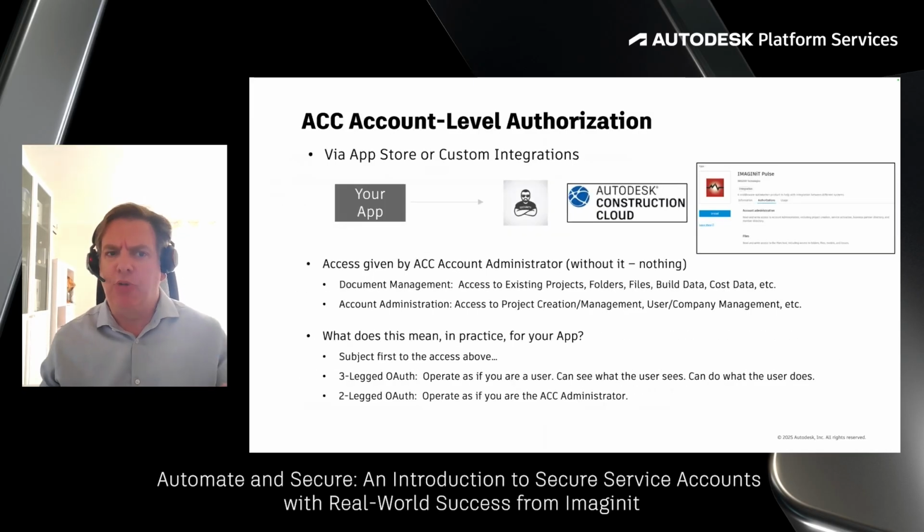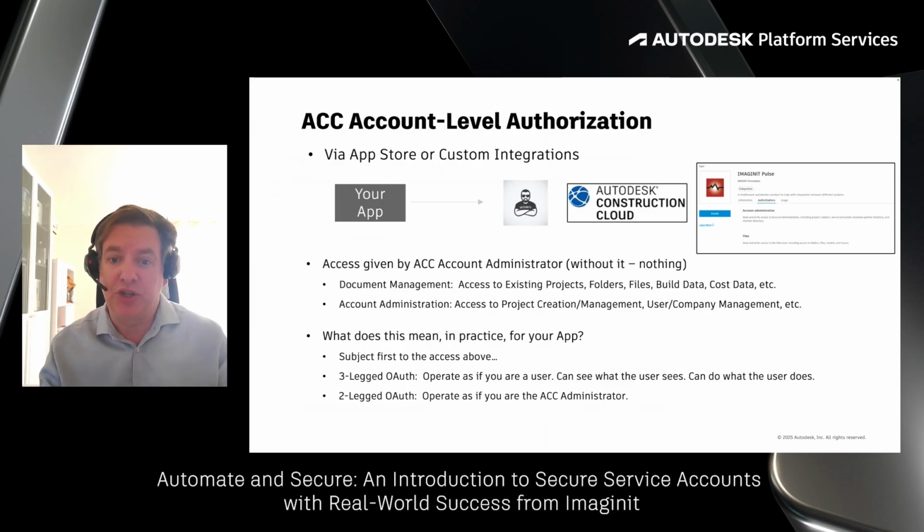Now, for account-level authorization, before you can do anything in the Autodesk Construction Cloud or BIM 360 world, you really can do nothing until your app is approved by the ACC account admin for any account that you want to work with. And the account admin basically has to grant your app the rights to do almost everything.